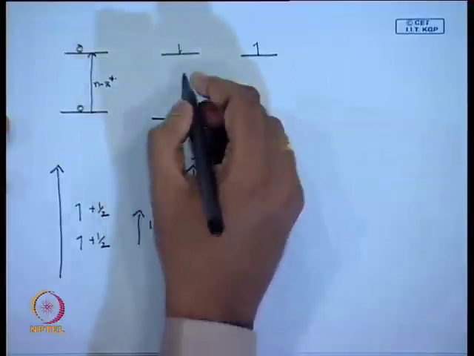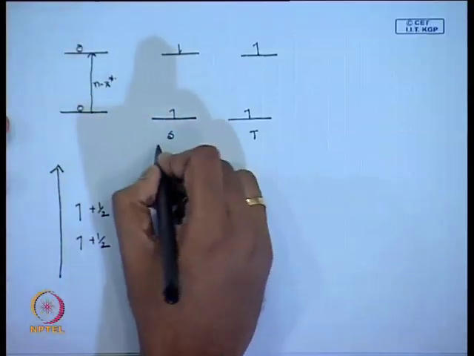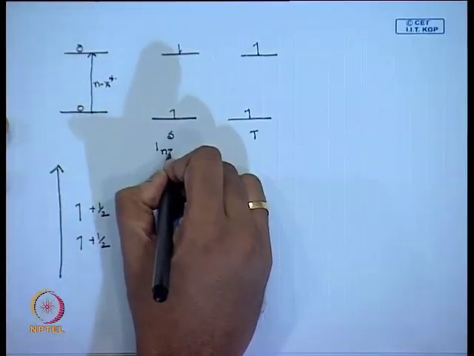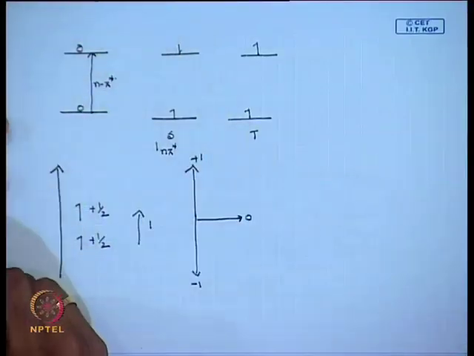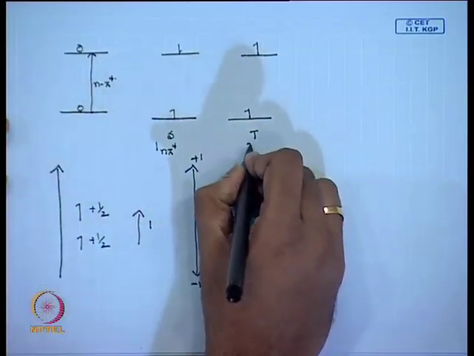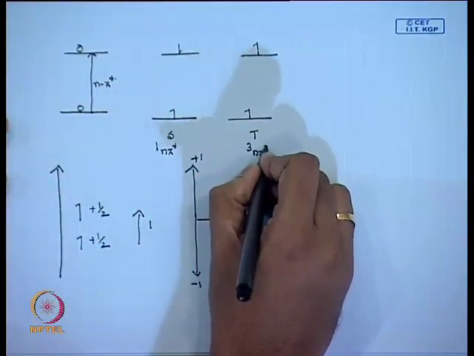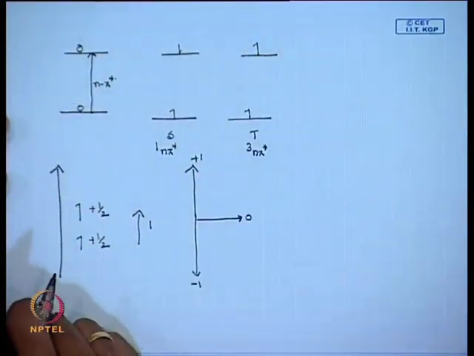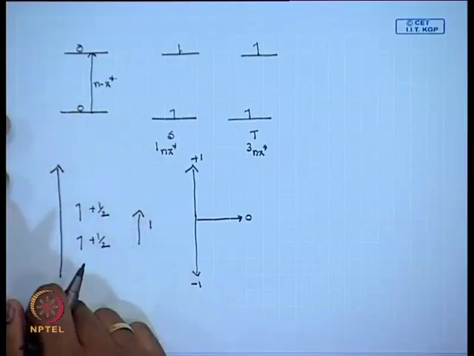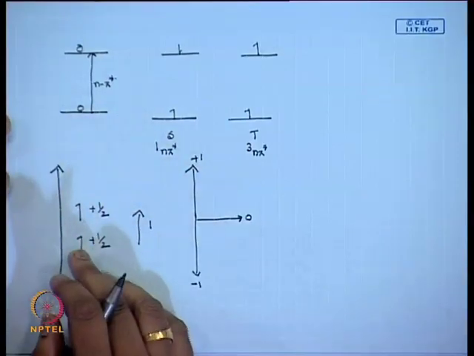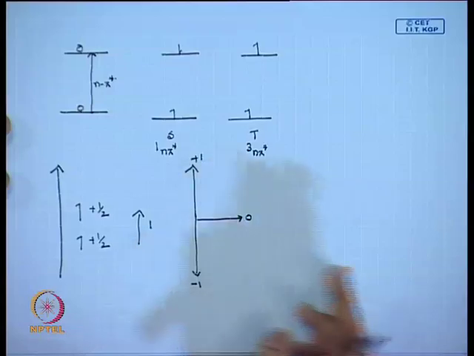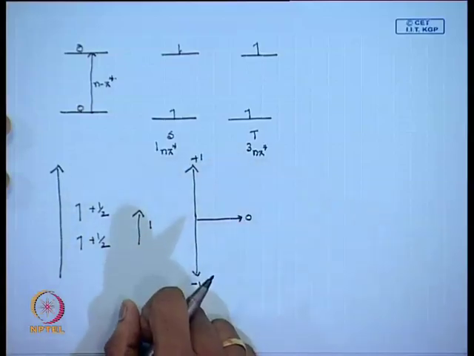How do we now represent an n pi star singlet state? The best way of writing this is singlet n pi star. This you write as triplet n pi star. That is how we represent them. If it is a pi pi star, then you write singlet pi pi star transition and triplet pi pi star transition.